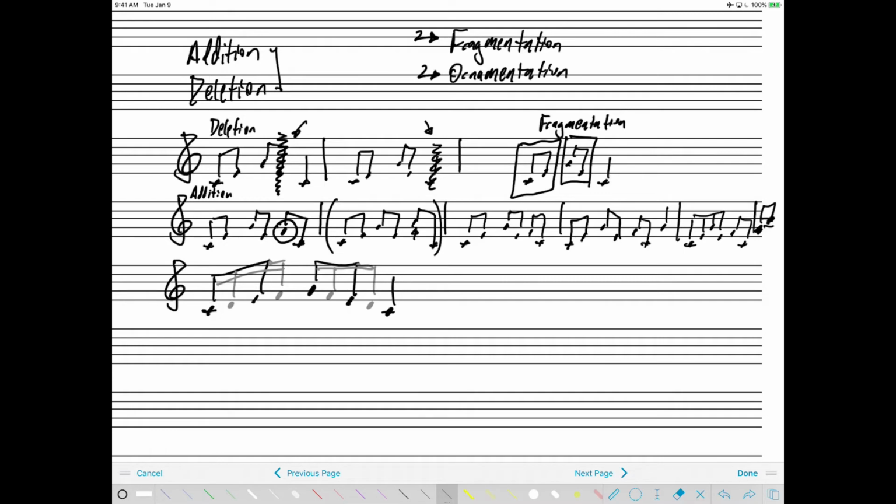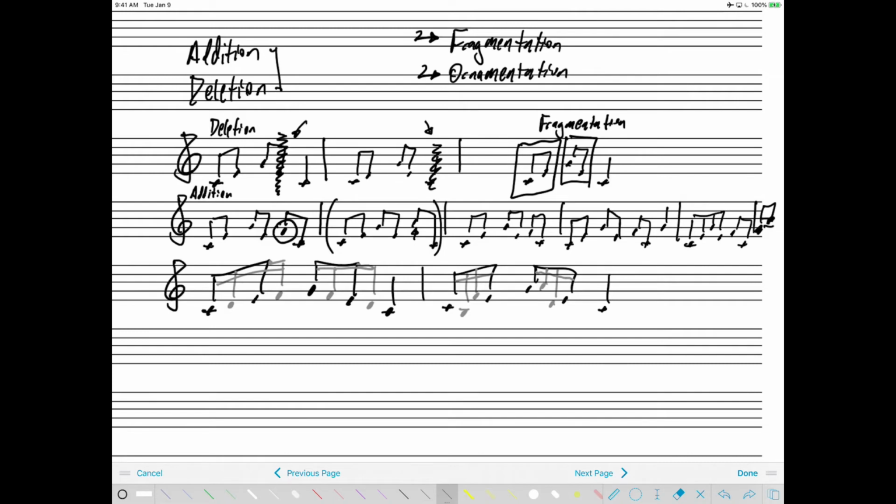There's tons of ways to ornament. Here's just a few more. Again, I'll show the skeleton. Maybe we want to have some sort of neighbor motion, like that. And then something like that.